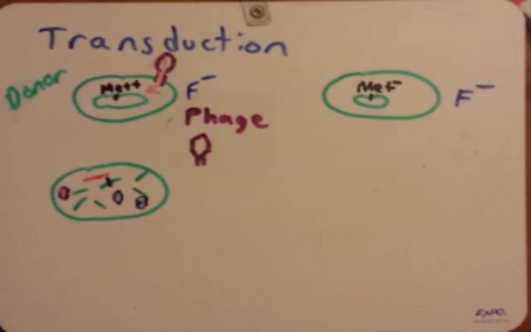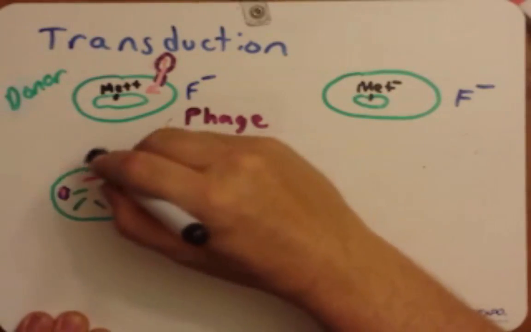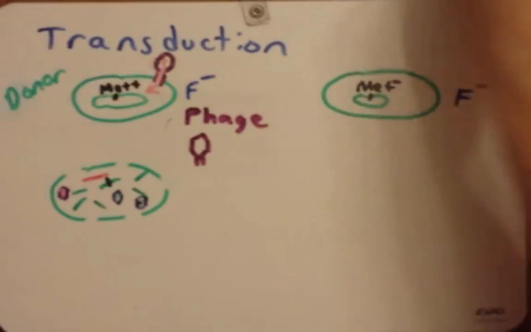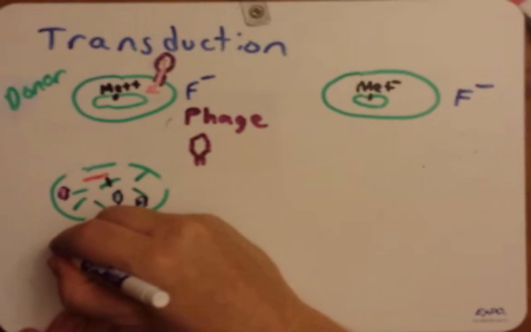At some point what will happen is this E. coli here, the donor strain, will lyse. It will begin to rupture. In that process, all of these phage particles will exit.